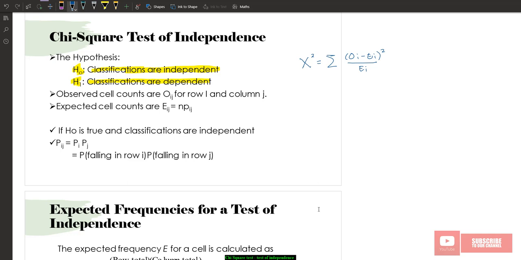The expected cell count is E_ij, which is n times p_ij. We calculate n multiplied by the probability of its row and column. If the null hypothesis is true and the classifications are independent, then p_ij should be p_i multiplied by p_j.